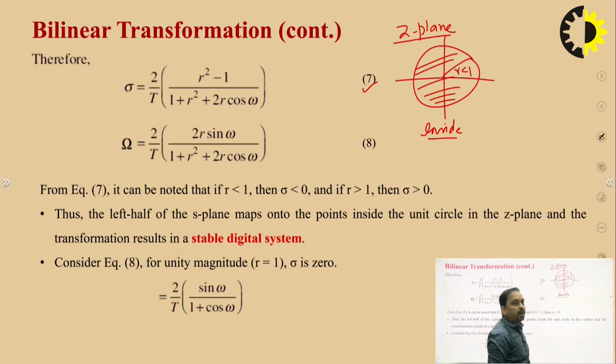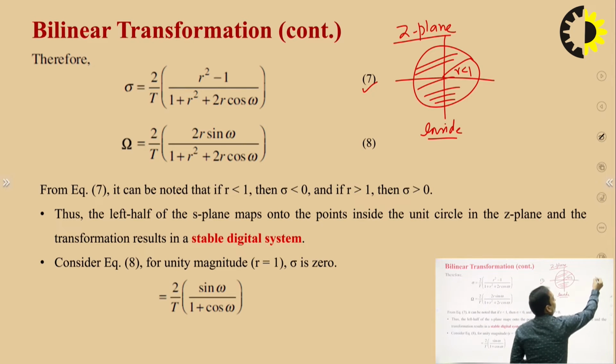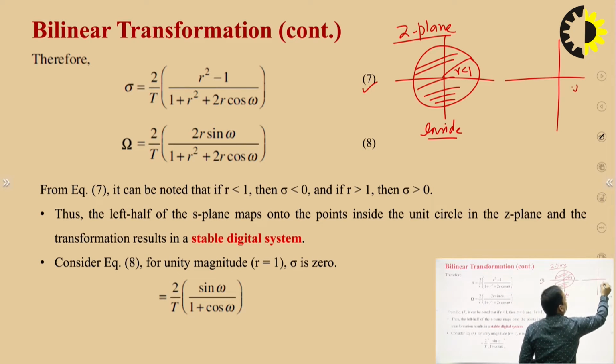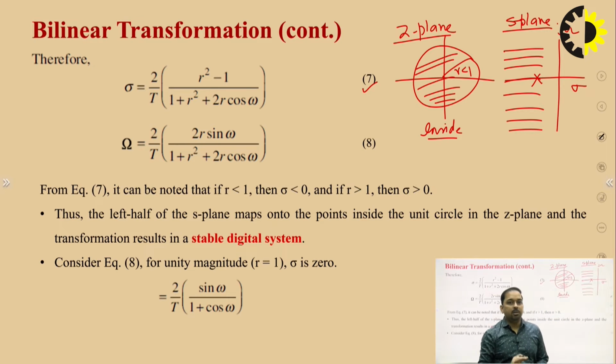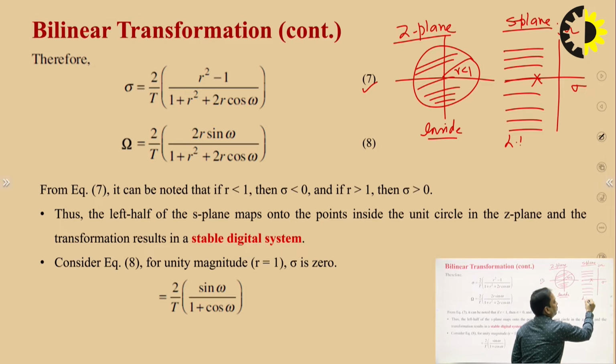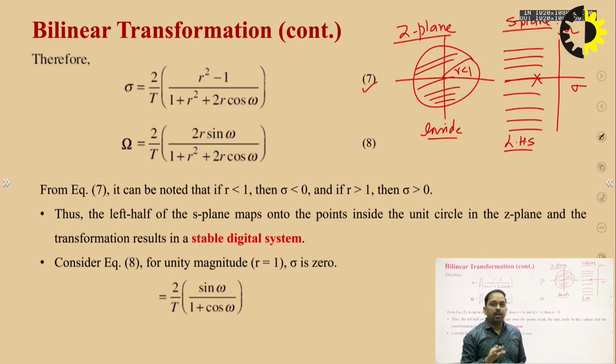The corresponding sigma will be negative. If this is the S plane, and sigma is negative, the region is to the left of this S plane. So if an analog system is stable, meaning the poles lie in the left-hand side of the S plane, they are going to be mapped inside the unit circle. That signifies that our digital system is also a stable system.